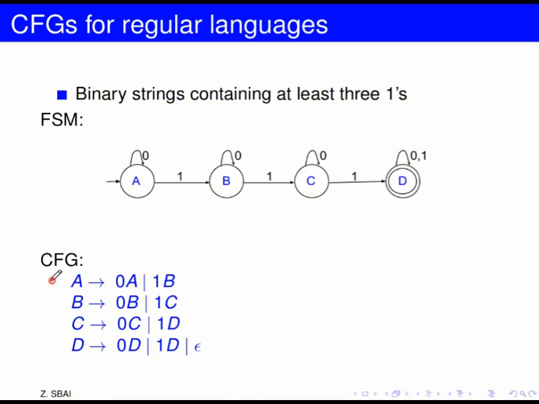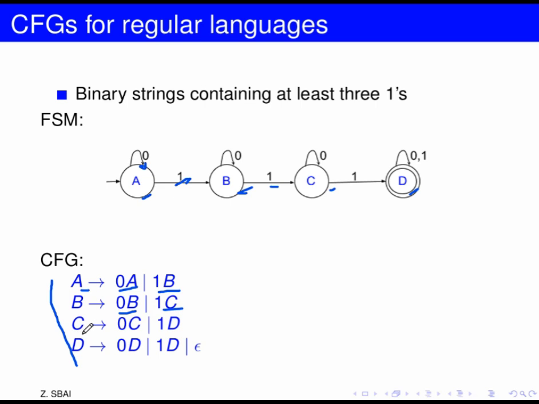We will take the same variables here, A, B, C, D, from the names of the states A, B, C, D. And we will say that A will be substituted by 0A if we see a 0, because we have this arc here that mentions that from A, if we have a 0, we will stay in A. And the second rule for A will be 1B, since if we have a 1 in the input, we will reach the state B. Now for B, it will be 0B or 1C.